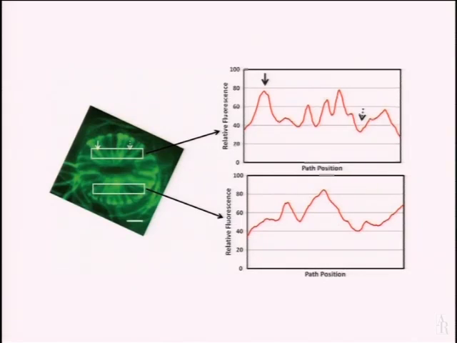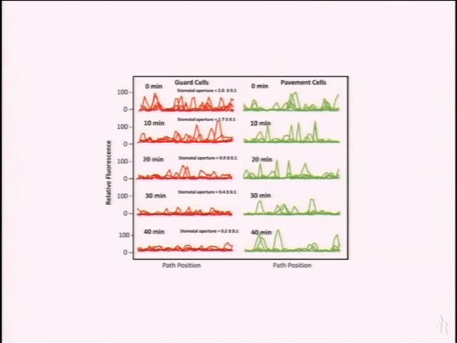So then we could get a little bit more quantitative, and these first efforts were rather crude, simply scanning along this line and plotting brightness. And you see there are big peaks and little peaks, and so that valley would correspond to this dark place, and so on. And then if you take a look in time, there are 6 guard cells represented here.